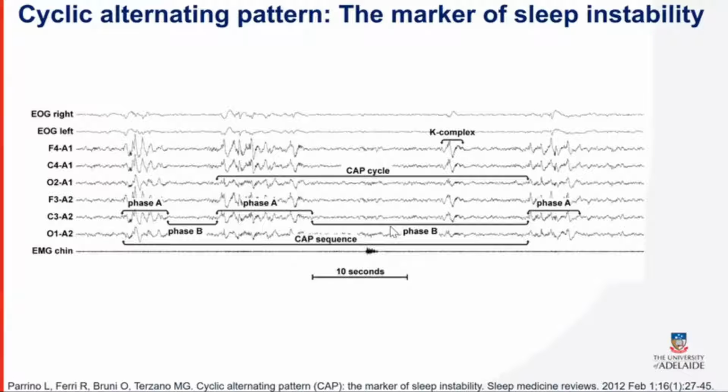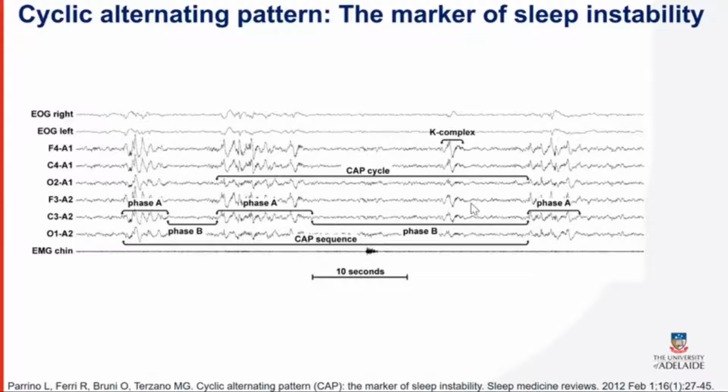And they defined the cyclic alternating pattern as a sequence of A and B phases. So a CAP sequence starts with an activation and it ends before the next activation starts, as shown on the right-hand side. So this is a way to look at EEG dynamically. It's not separated by 30-second scoring windows.